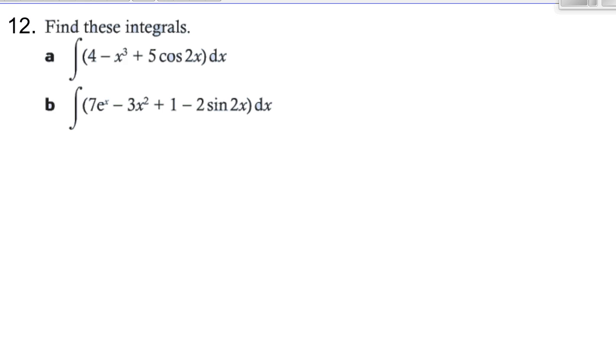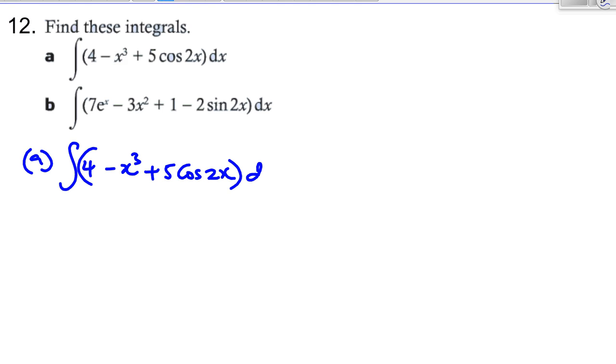Here are some other questions. I'm just going to go through them one by one. So anyway, the first one, A, integral of 4 minus x cubed plus 5 cos 2x dx.